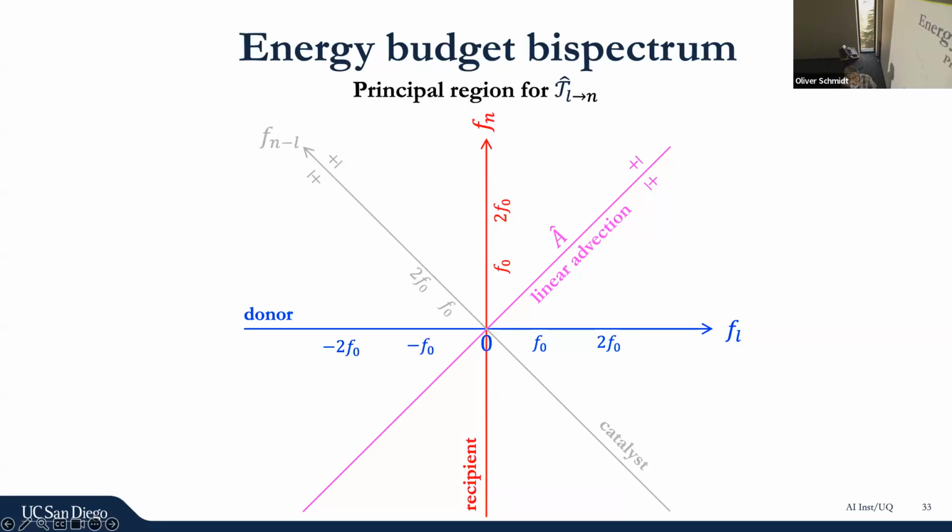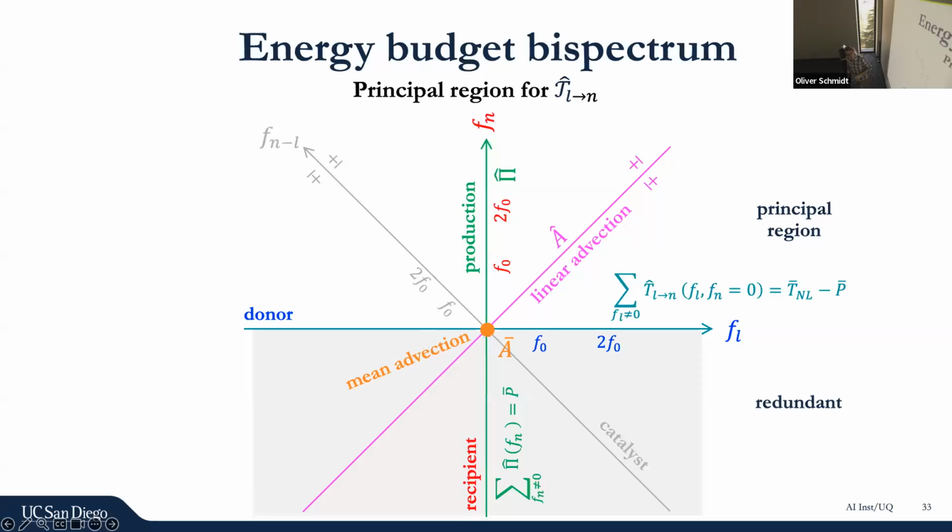Because of the Fourier conjugate symmetry, everything down here is redundant, so we can only look at the top. We can read the production off the recipient axis here, and we can read the mean advection off the origin. So every single term in the spectral K equation, we can read off this one diagram and we can get the structures involved.